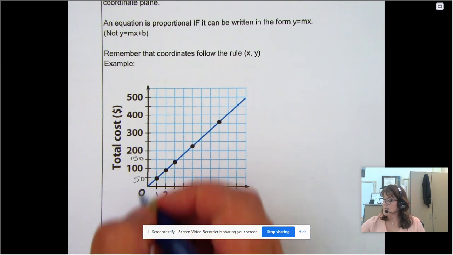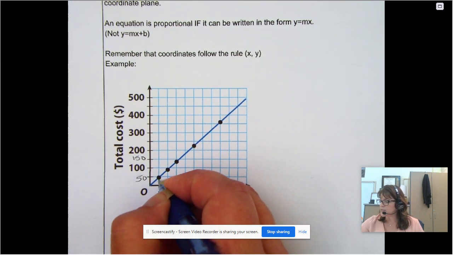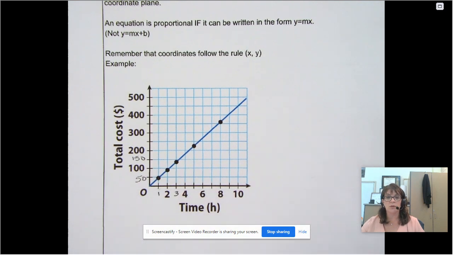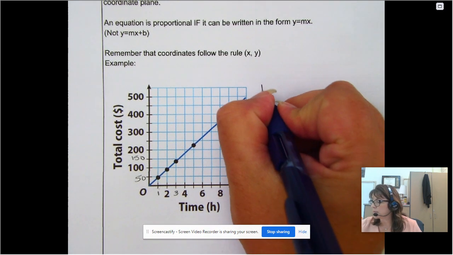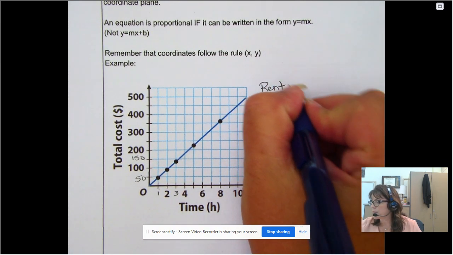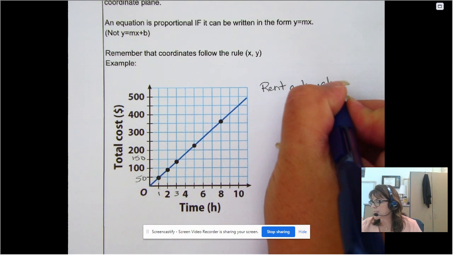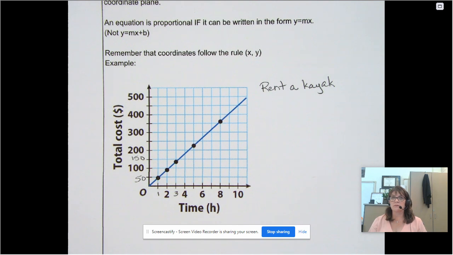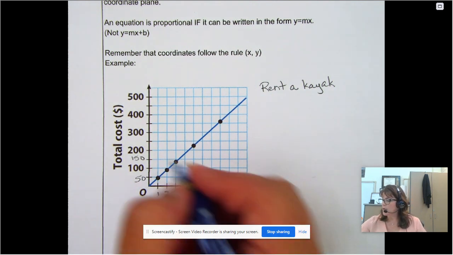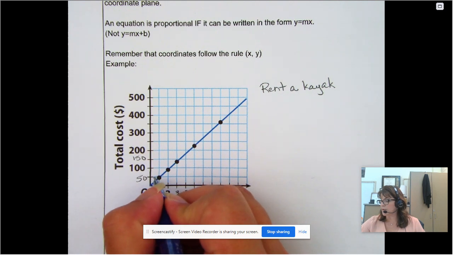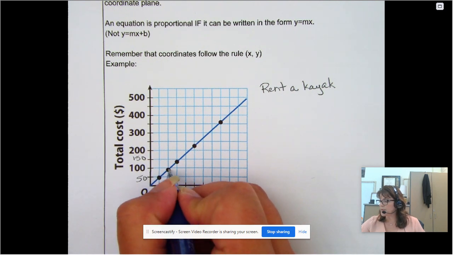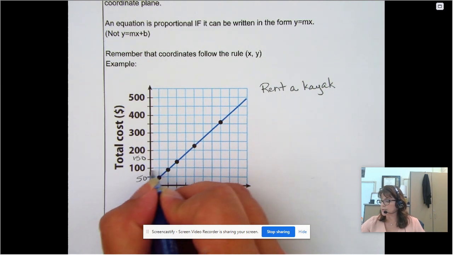What this is saying is that when I do something for 1 hour, it costs me $50. So let's say I rent a kayak, or rent anything, any kind of fun sporting equipment. 1 hour, $50. 2 hours, $100.